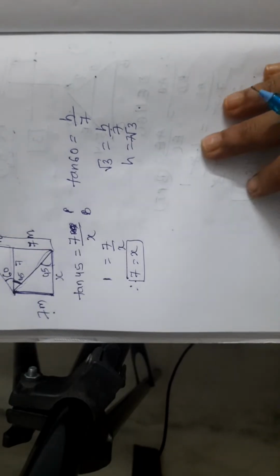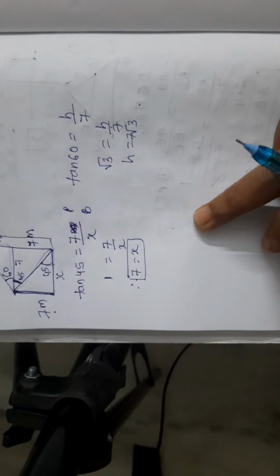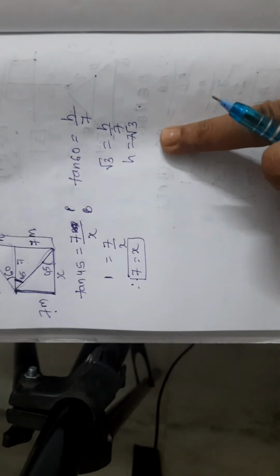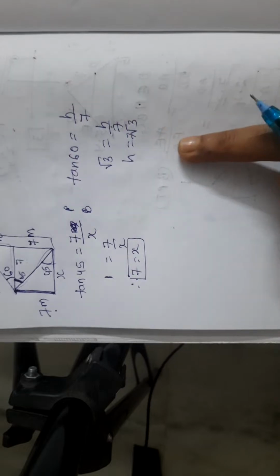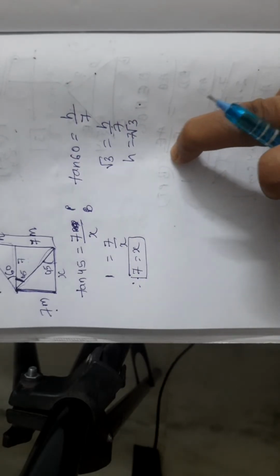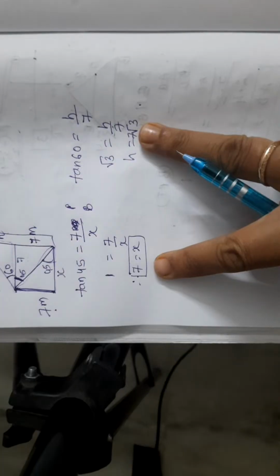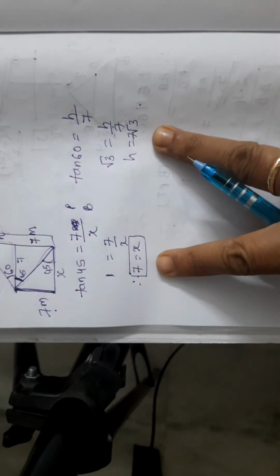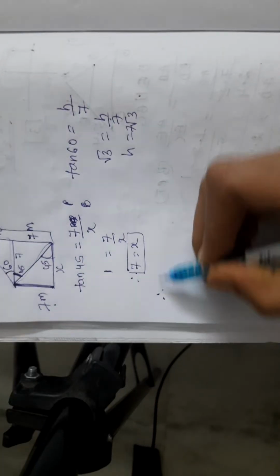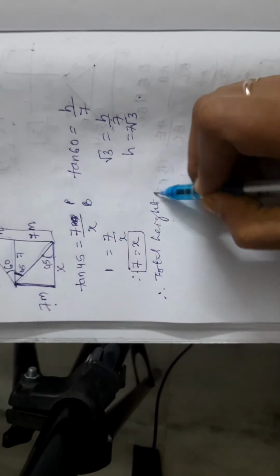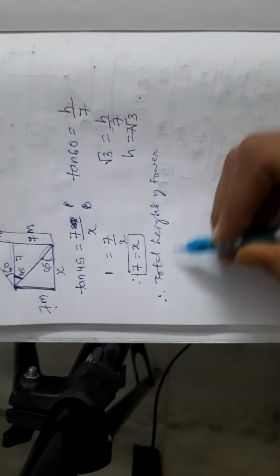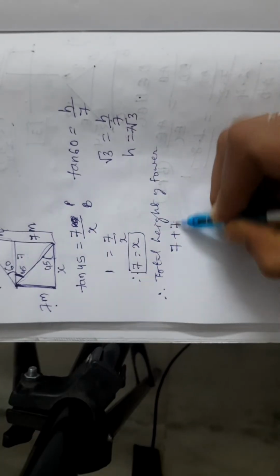We need to find what is the total height. Total height of the tower is these two answers added up. Therefore, total height of the tower is 7 plus 7 root 3.